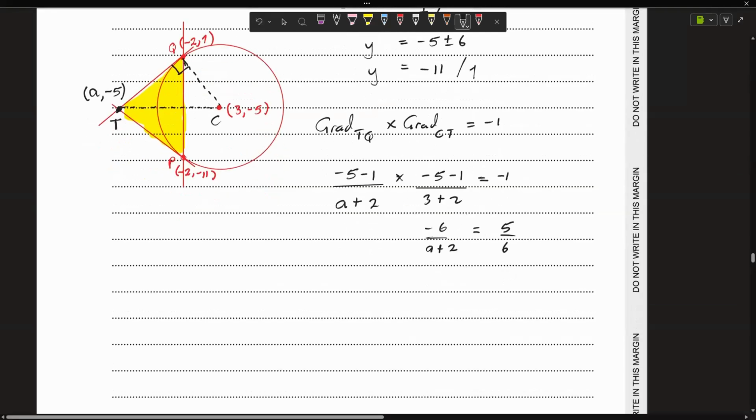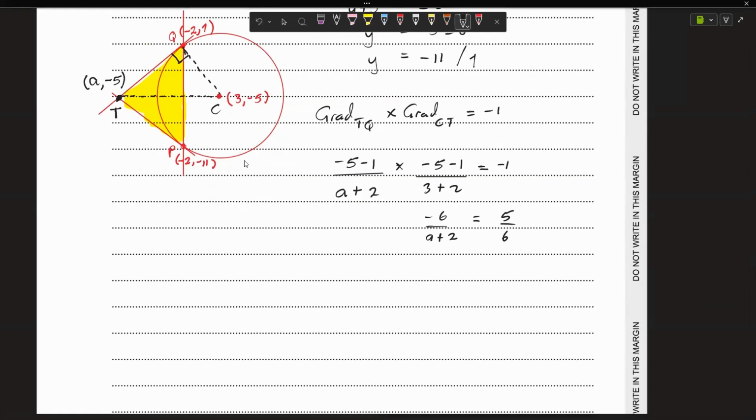So -6 over A plus 2 is equal to 5/6. Then we can cross multiply. So that's 5A plus 10 is equal to -36. So 5A is equal to -46. So A is equal to -46 over 5. So that is the value of A, and everything is good.